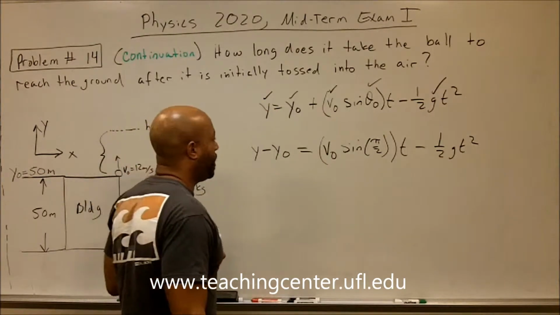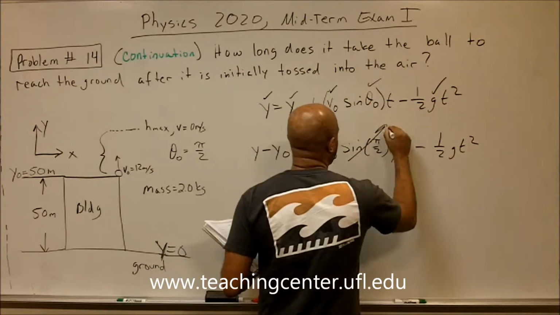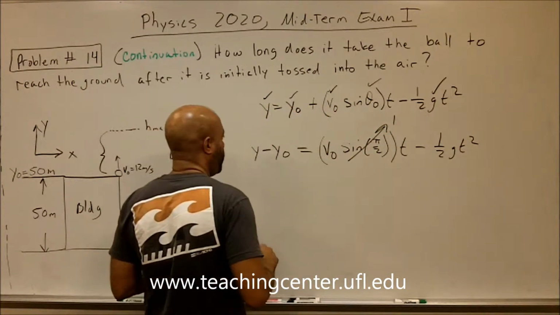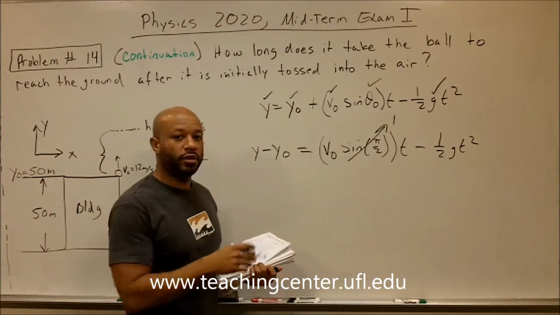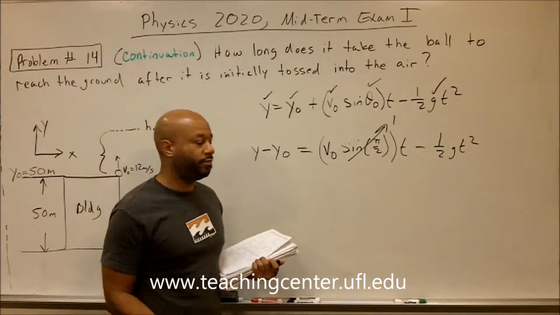And we know that the sine of theta is just equal to 1. All right, and so we can now substitute the numbers into this equation and see if we can solve for the time.